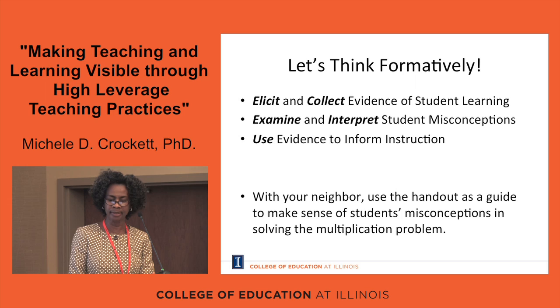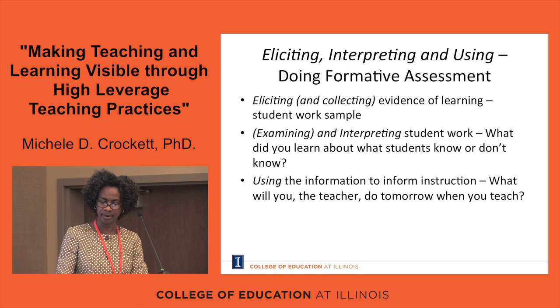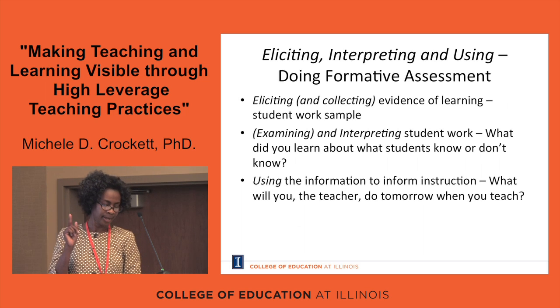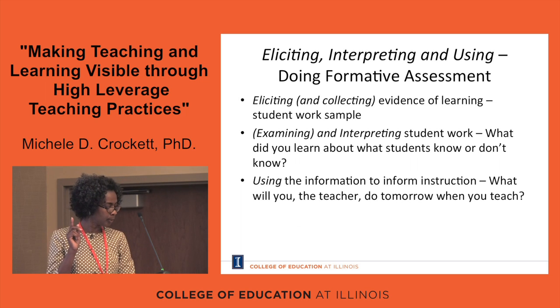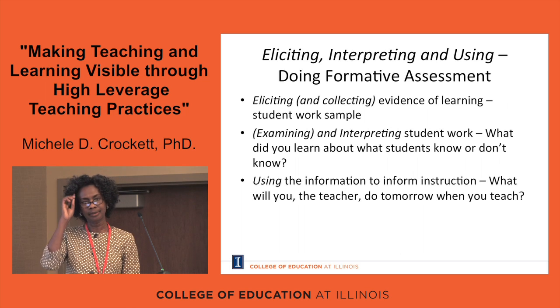So you've collected the evidence of student learning, you've just finished examining the work, and now you need to interpret what these misconceptions are, and then use that evidence to inform your instruction. So, before I go on, number 2 I have, what is the correct answer?